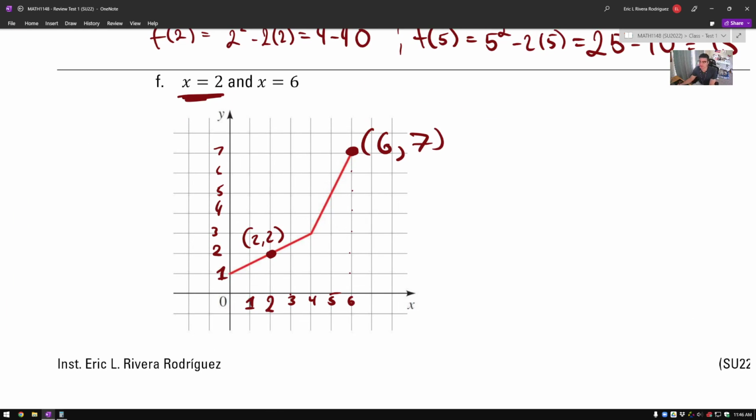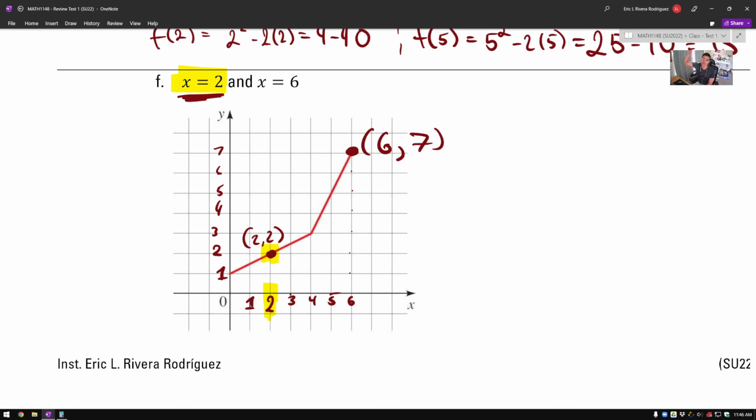Okay, so in F you don't have the equation, but you have the graph. So I am giving you the values of the two x's, x equals 2 and x equals 6. With x equals 2 you can get that point, because you find x equals 2, then you go and touch the graph, up or down.